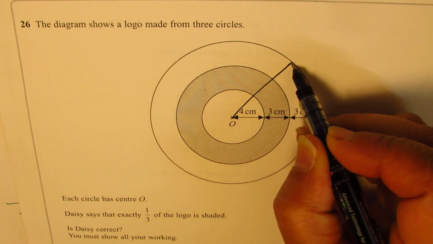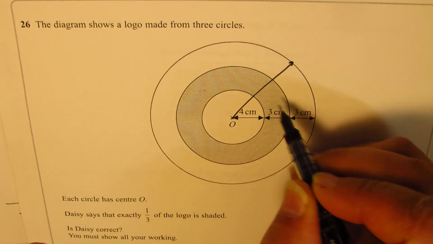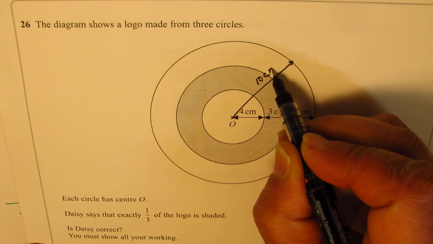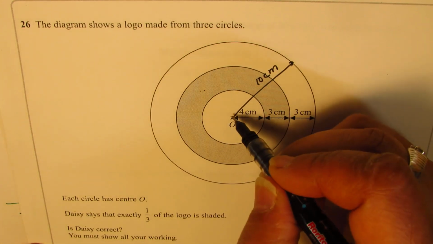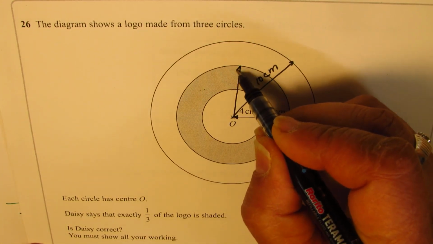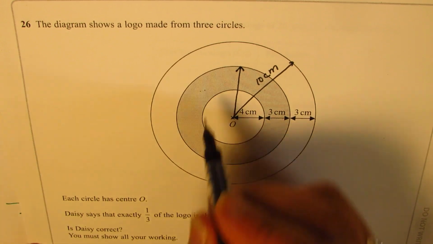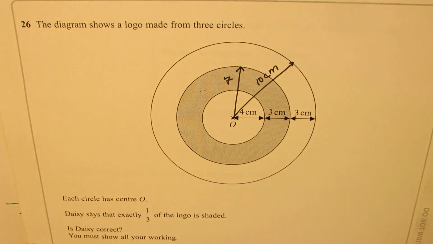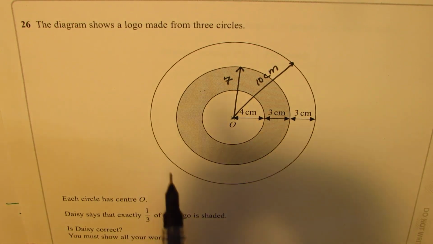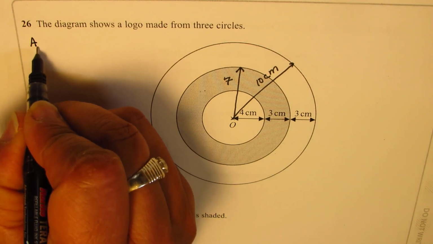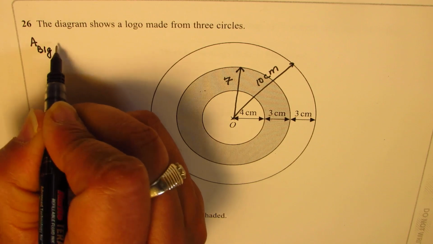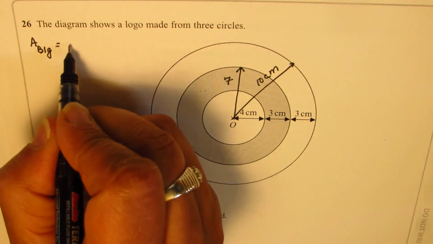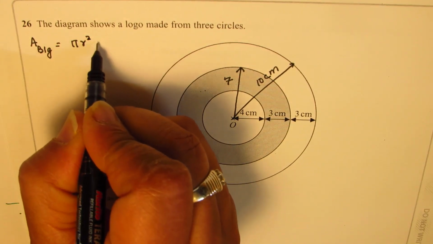So the bigger circle here is 4 plus 3 plus 3, which is 10 centimeters. The middle one, the outer radius is 4 plus 3, which is 7, and the smaller one is given to us as 4. So let's find the area of each. The area for the big one, the formula is pi times r square.